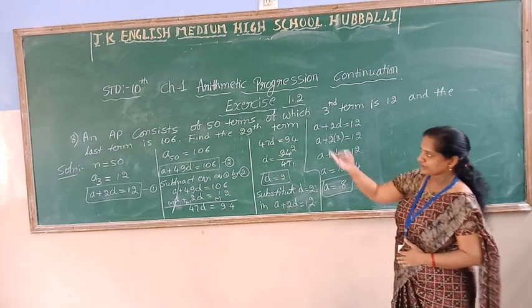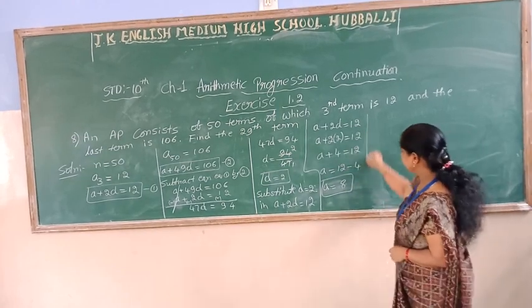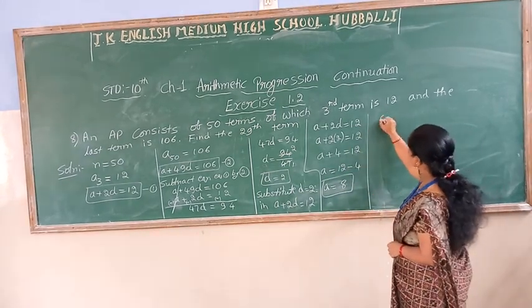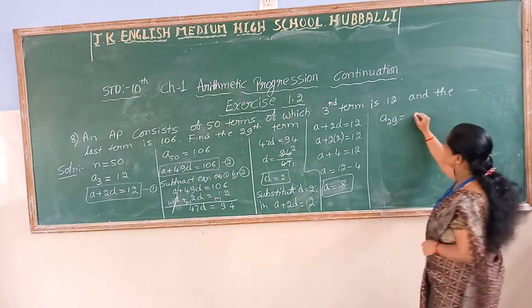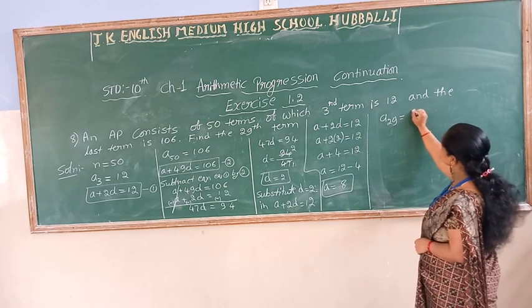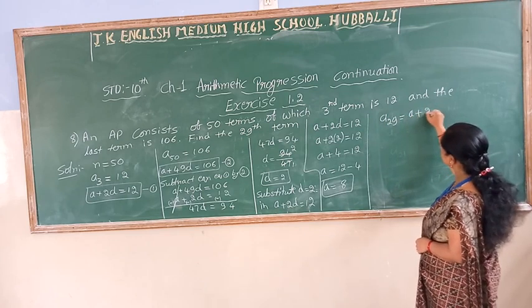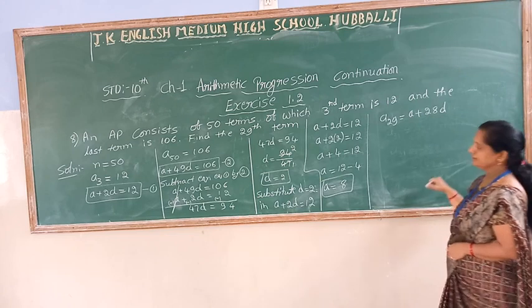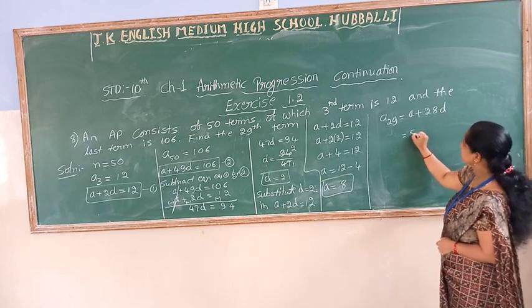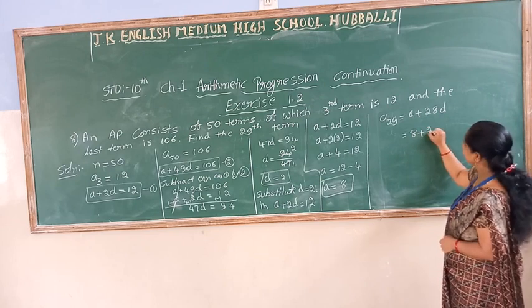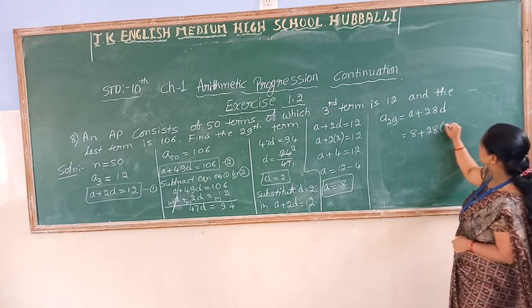Then I will find out the 29th term. a29 is equal to, how can I write it? The 29th term I can write as a plus 28d. Now I can substitute the a value and d value. The a value is 8 and the d value is 2.